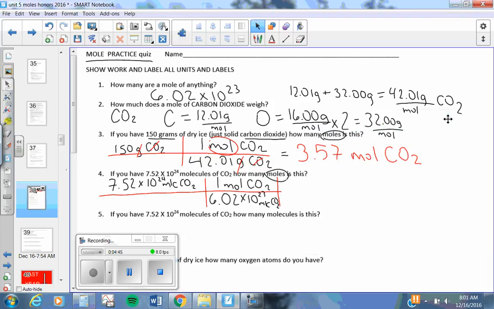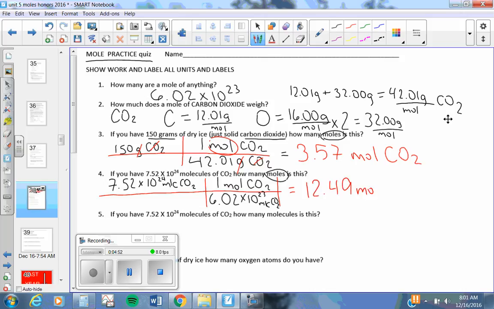So we have 12.49 moles of CO2. All we have to do here is divide our molecules, crossing out the molecules and CO2s, but then we end up with moles of CO2.